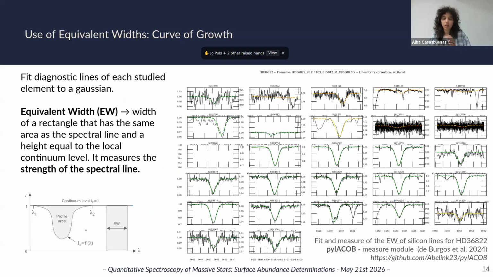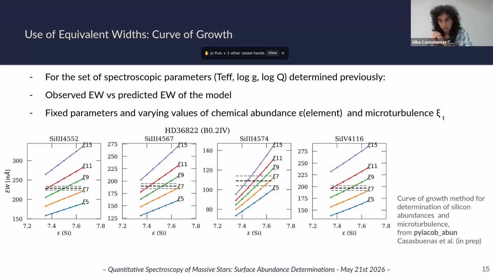So I think with this method, the more lines that we can fit, the better, and it's going to be a more robust result. However, in my experience, and feel free anyone to jump in and correct me, for silicon, I've done a lot of abundance determinations of silicon in B-type stars, and there are a lot of problems with the atomic models, so sometimes we've had to do the analysis with 3 or 4 lines.